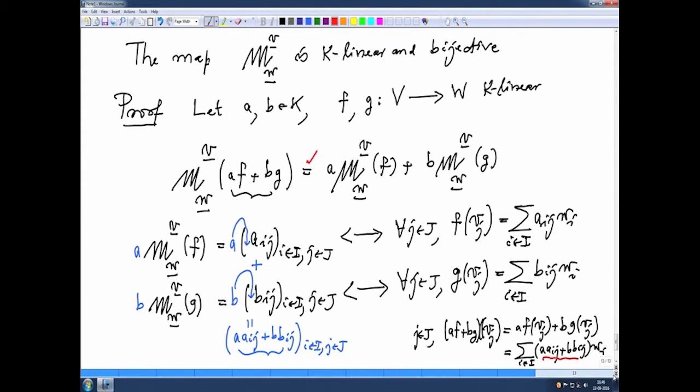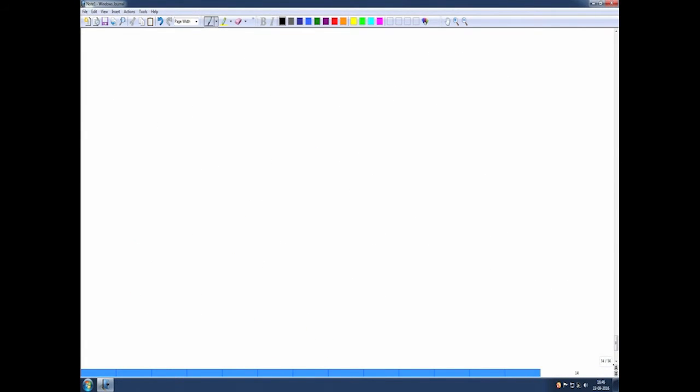Now, let us prove it is bijective. Bijective means it is injective and surjective. Remember, whenever we want to prove some map f from X to Y, where X is a set and Y is a set, is bijective, you check it is injective and surjective. But better would be to produce a map in the other direction.